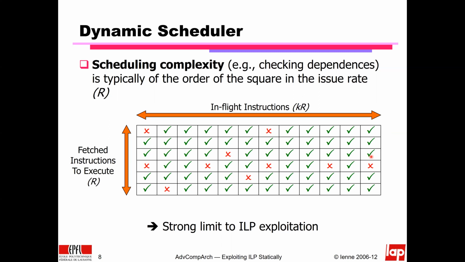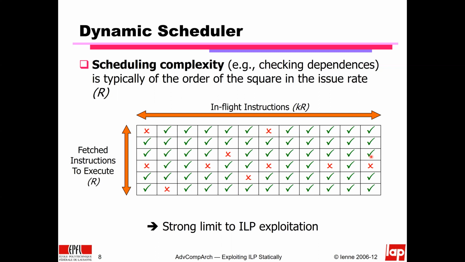But you do understand that there is this intrinsic dependency from the square of the issue rate, right? The more instructions you want to issue at each cycle, the more you'll have in the pipeline, growing more or less linearly with that.